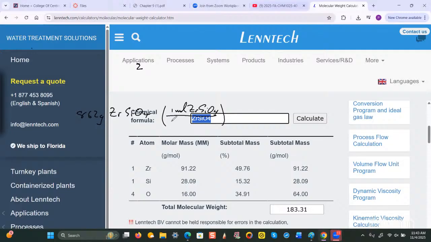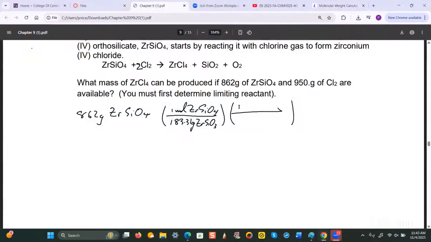So that goes here, 183.31 grams of compound. Okay, what would be the next step in this process? Now that we have converted the grams of this compound to moles, what will be the next step?